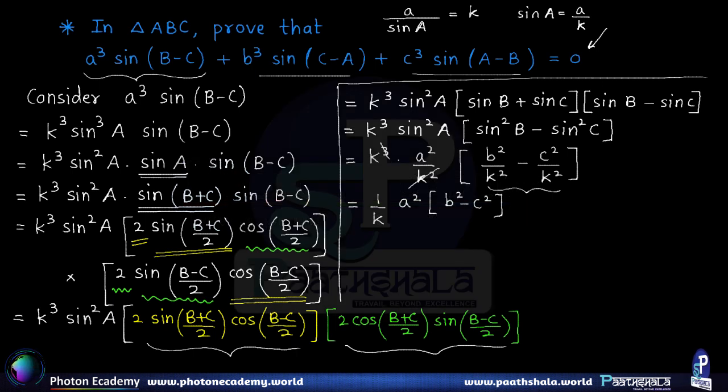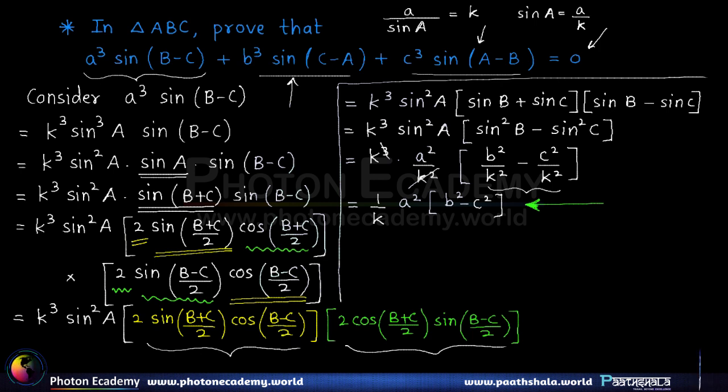Now this is where we have arrived. If we look at the other two terms, they can be similarly simplified. What we did for the first term, the same can be done for the other two terms.